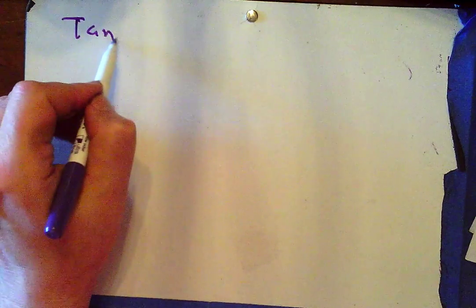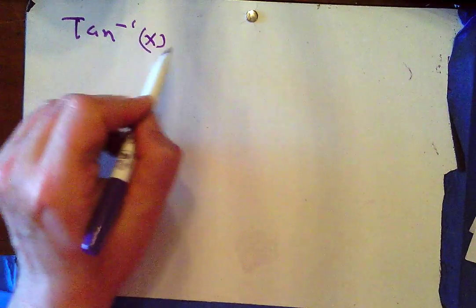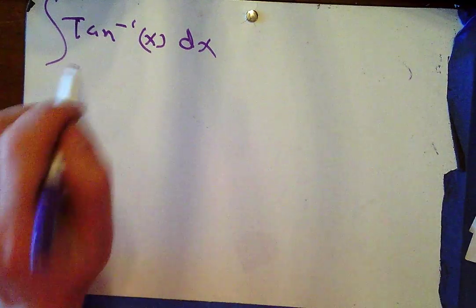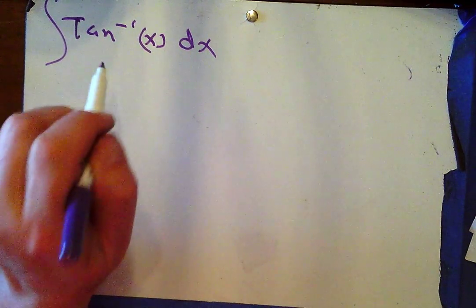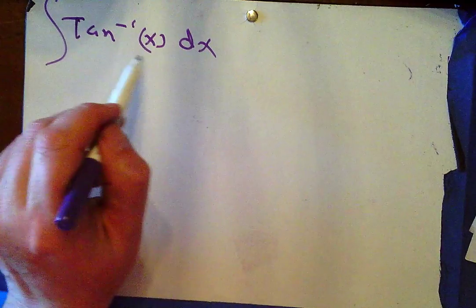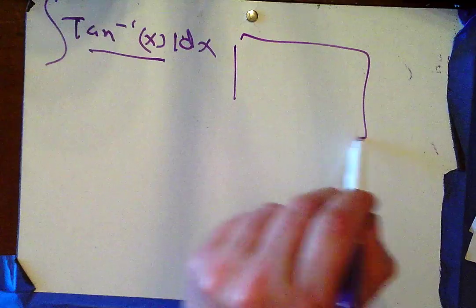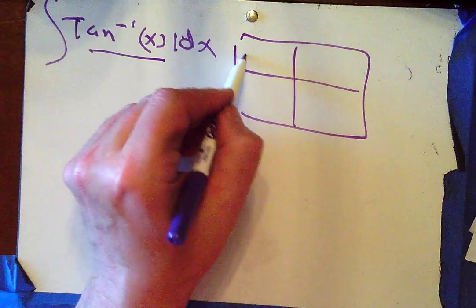Okay, let's continue on this tangent-y theme. What do I do if I see something like tangent inverse of x dx? Well, I know the derivative of that, but I don't know the antiderivative. I see a function and someone else's derivative. I'm going to do by parts.